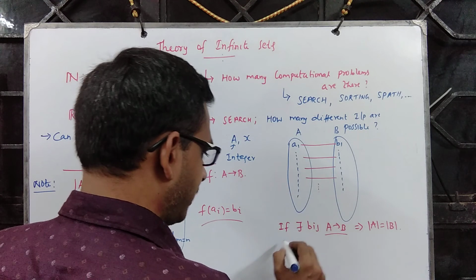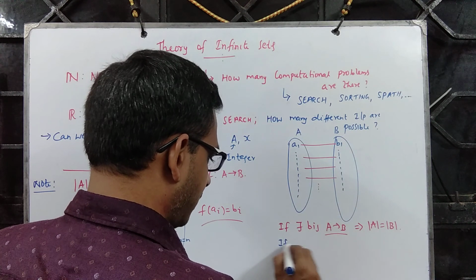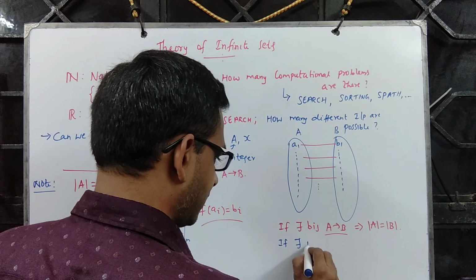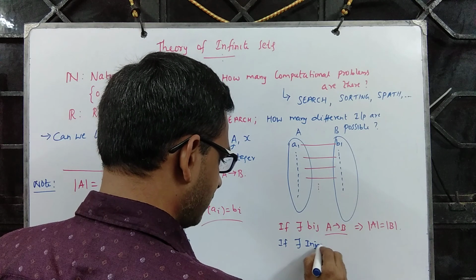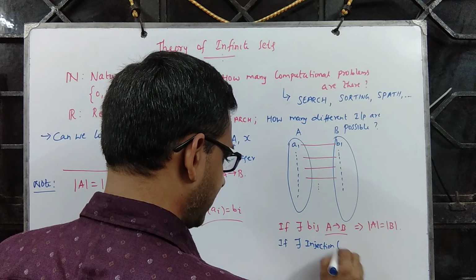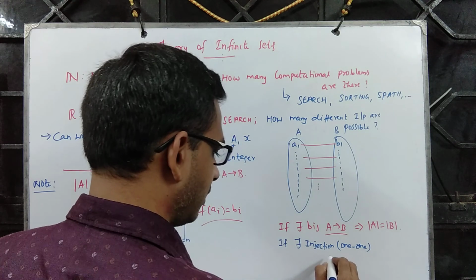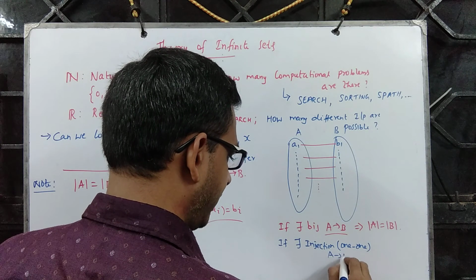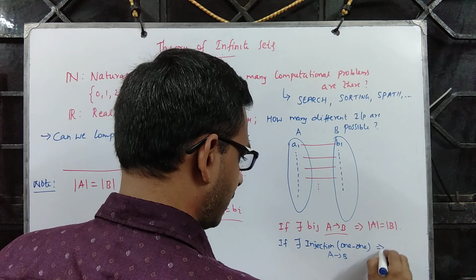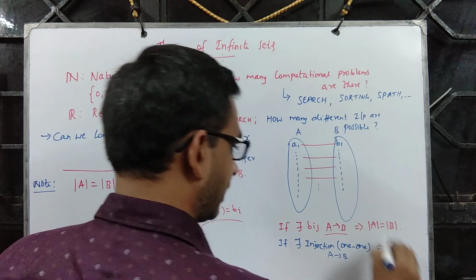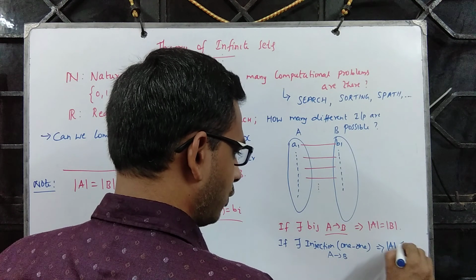And very similar to what we did before, if there exists an injection, what is an injection? Injection is one to one. If there exists an injection from A to B, then you can say that the codomain should have more.